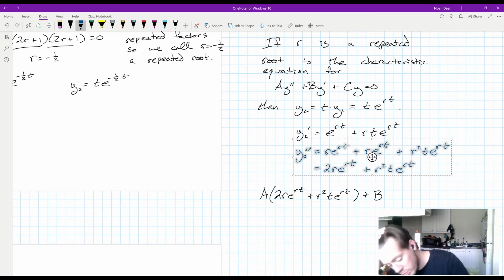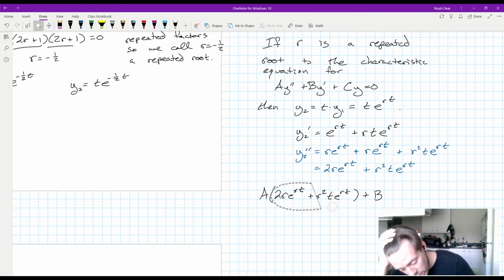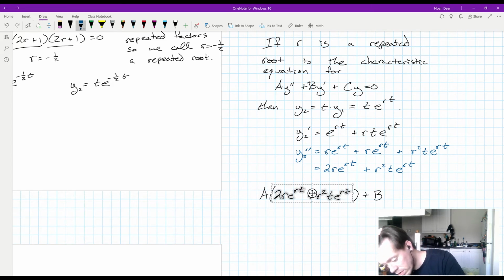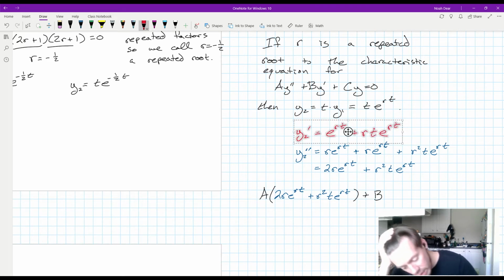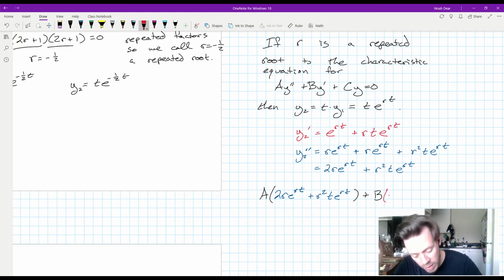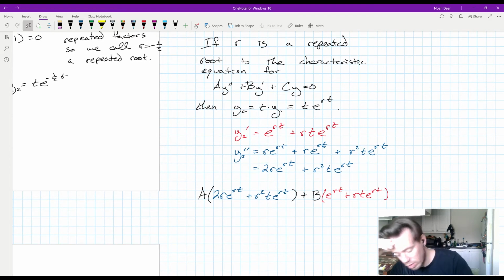Let's make this blue along with this. There we go. And now I'm going to make y2 prime red, write y2 prime in here, e to the rt plus rt e to the rt. I hope that helps you see it a little bit better there.